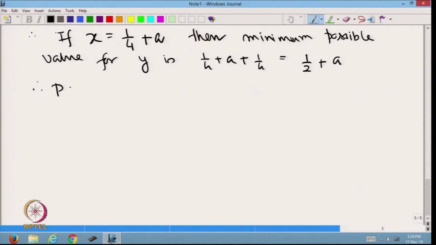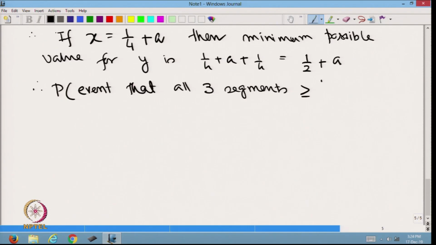Therefore, probability of the event that all three segments are greater than or equal to 1 by 4 is equal to area of the triangle ABC divided by area of omega, which is half.